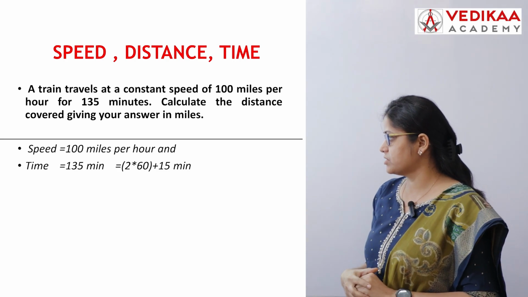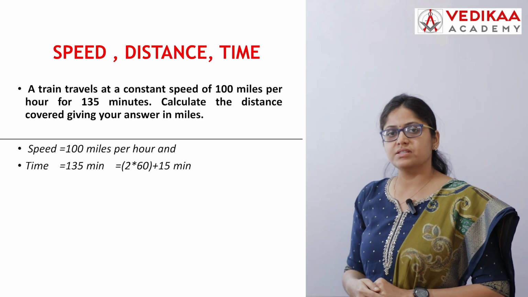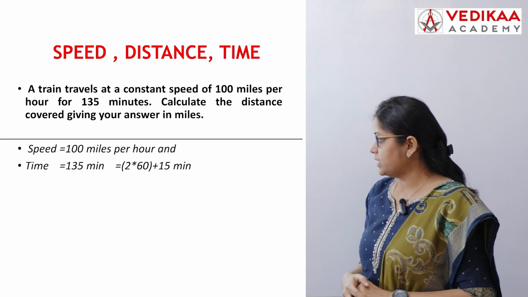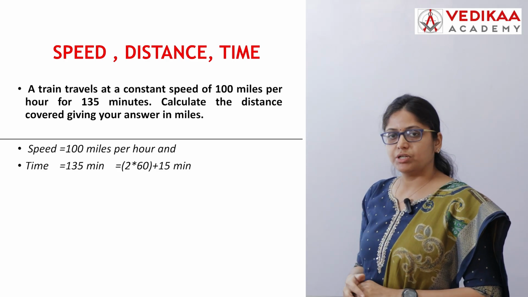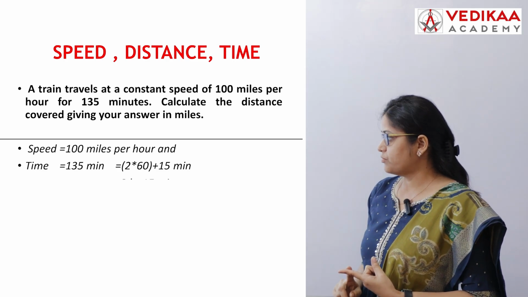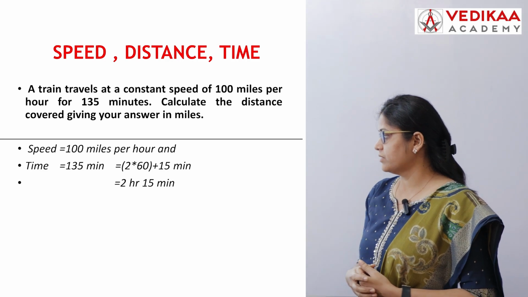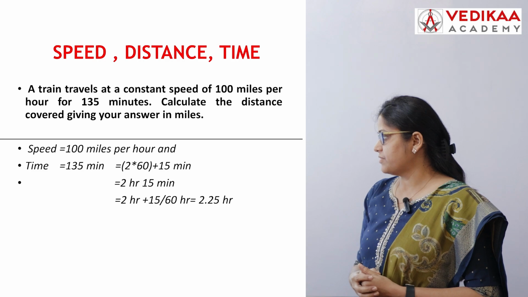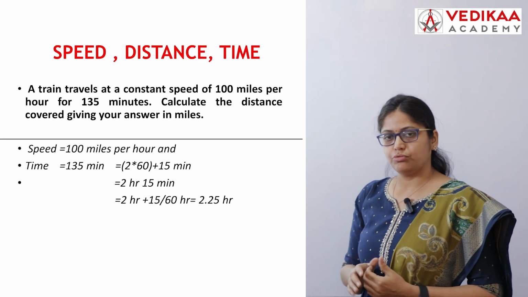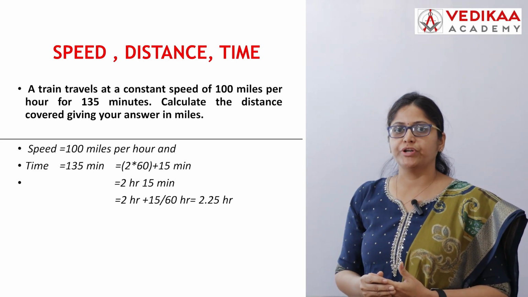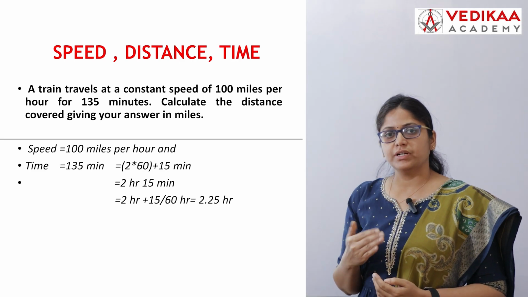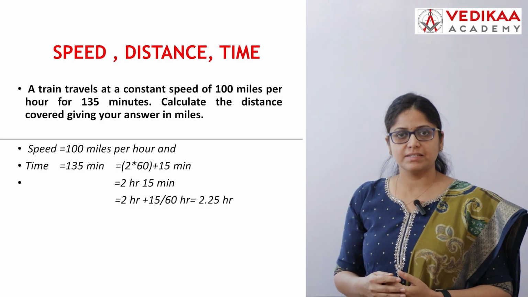So here is the procedure. 135 minutes is nothing but 120 plus 15. 120 minutes is nothing but 2 hours. So instead of 2 into 60, I have directly written 2 hours and 15 minutes. Now 2 hours and 15 minutes can be converted into a complete hour, that is 2.25 hours. These 15 minutes can be converted into hours by dividing by 60.